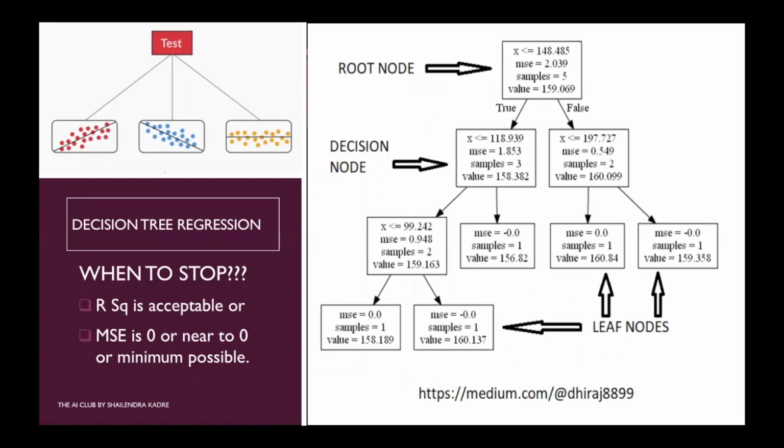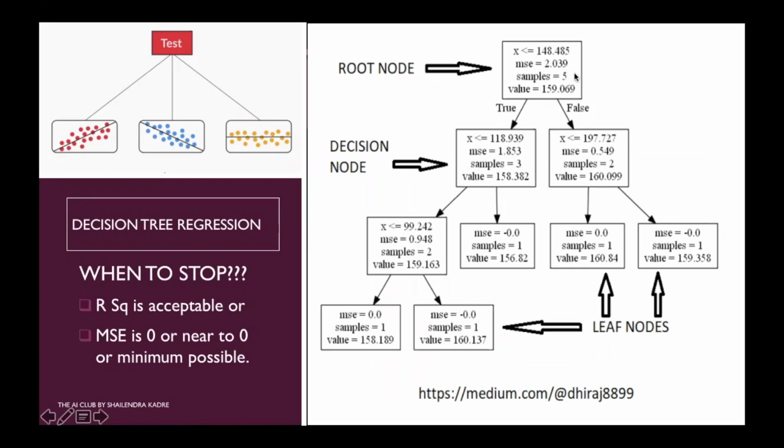Now, in decision tree regression, when do we stop? When the R2 is acceptable or the MSE is 0 or near to 0 or minimum. Here we put some real-time values to the variables X and MSE and tried observing.